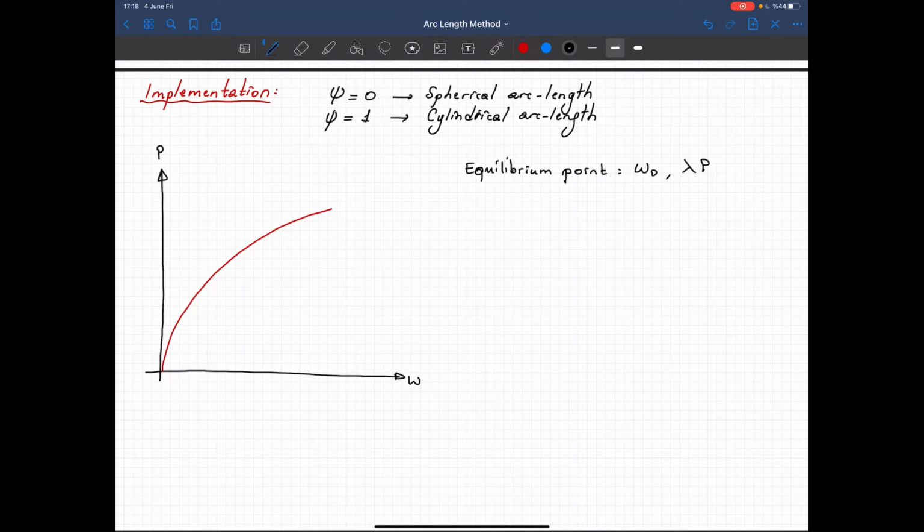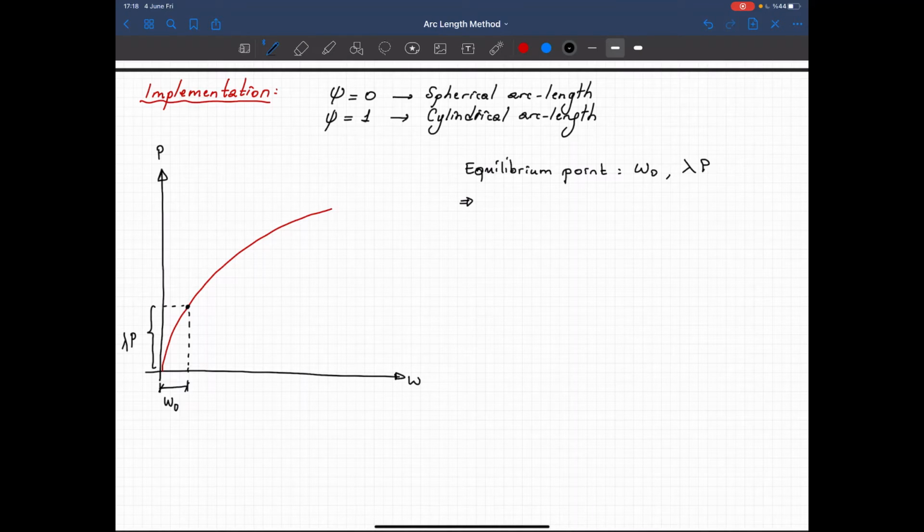So let's say that that's the converged point. So this displacement is W0, and the force here is equal to scale factor multiplied by P. So the starting point is this.